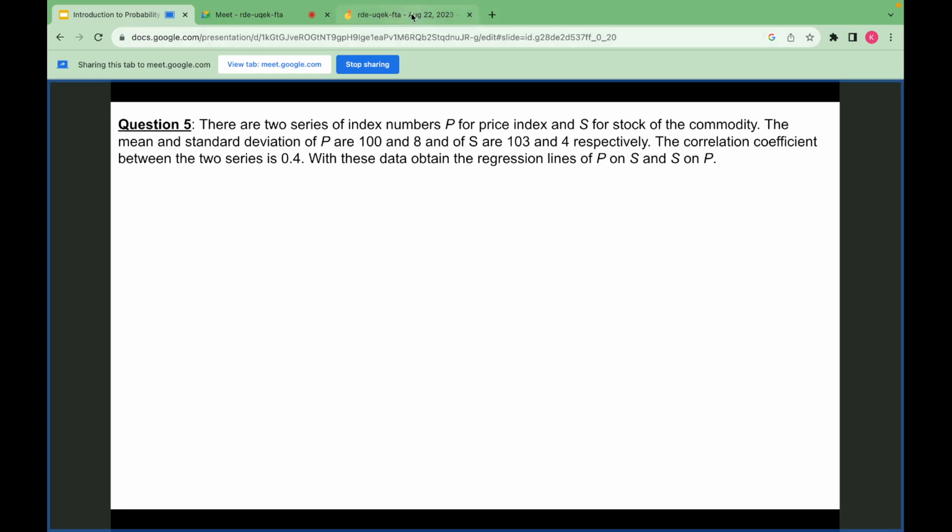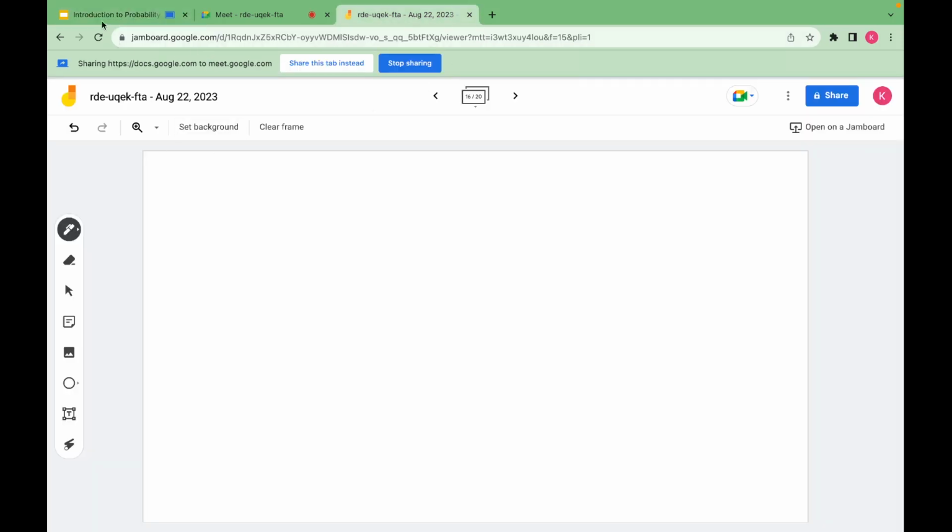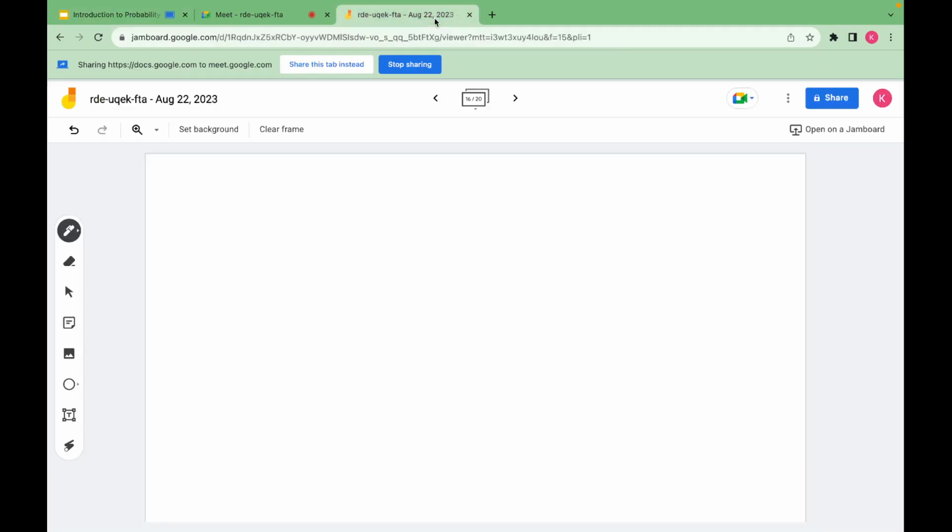So, let this price P be denoted by X, because it is easier to understand that.